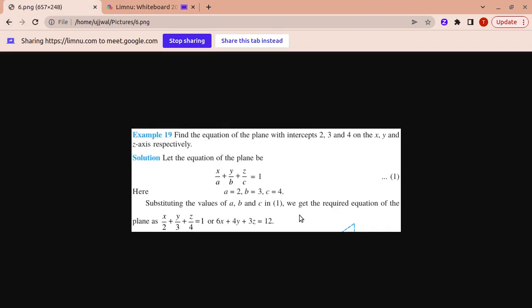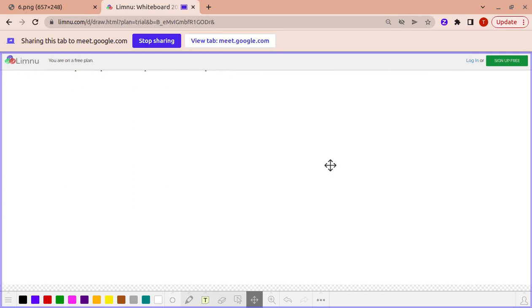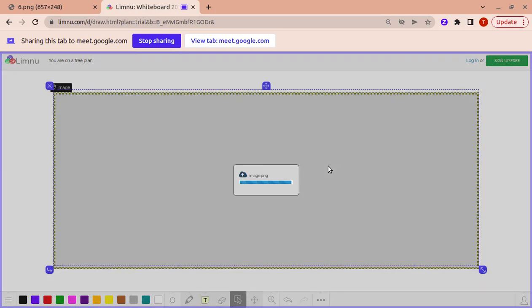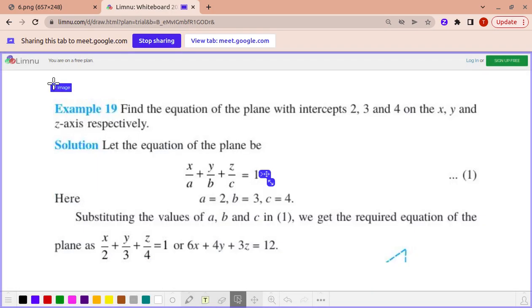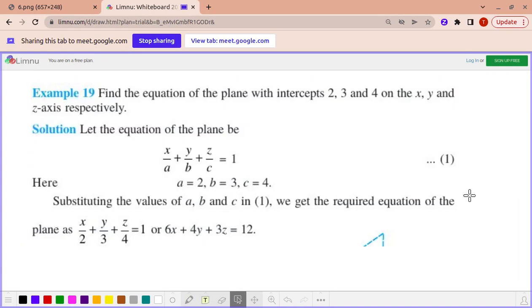The next one we are going to discuss is a question based on whatever we just learned in the intercept form. Let me read out the question, dear students. Find the equation of a plane with intercepts 2, 3 and 4 on the x, y and z axes respectively. So how to find it?